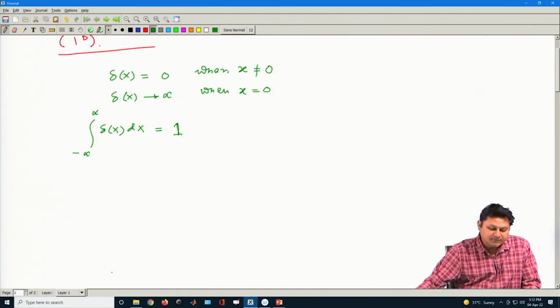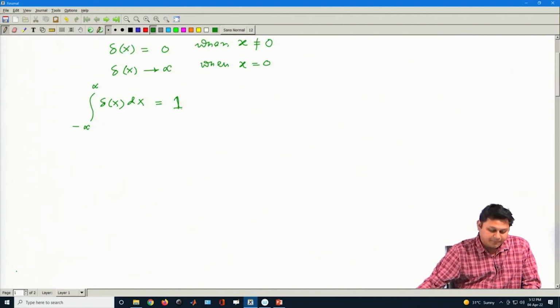So, this is the property of the delta function. This is the way the delta function is defined: delta x should be 0 when x is not equal to 0. When x is equal to 0, delta x should tend to infinity, but if I integrate this function over the entire x axis, then the resultant value should be 1.